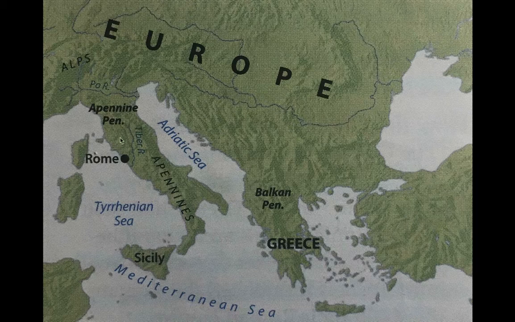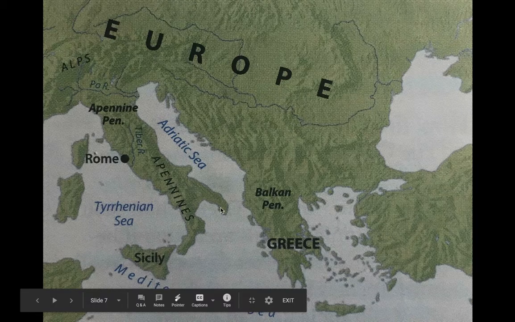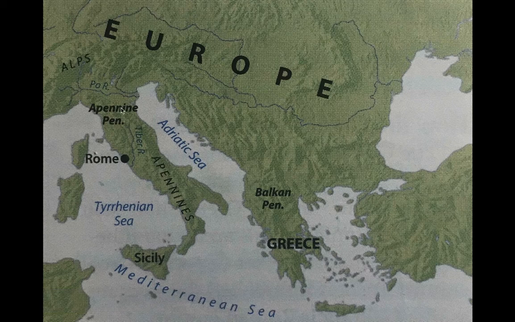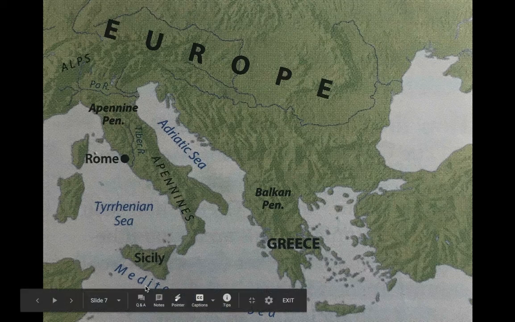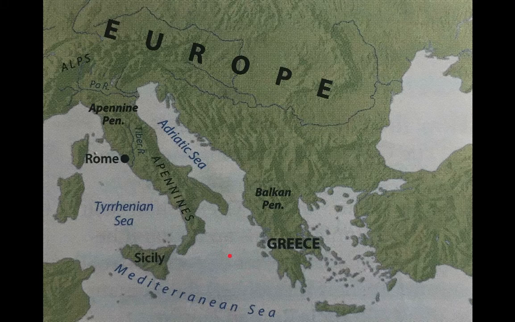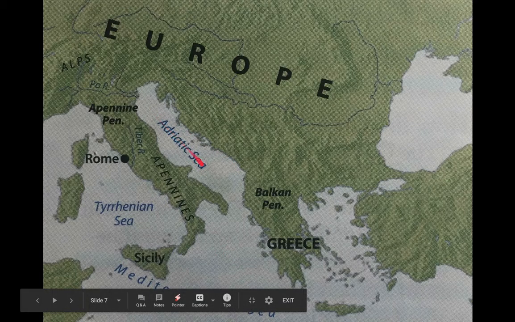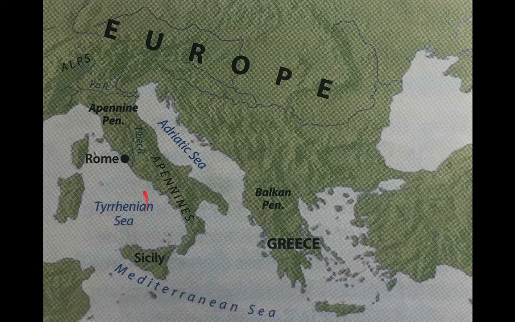This peninsula juts out into the Mediterranean Sea. Right down here is the Mediterranean Sea, but we can see that it is surrounded by the Adriatic Sea right here and the Tyrrhenian Sea over here.